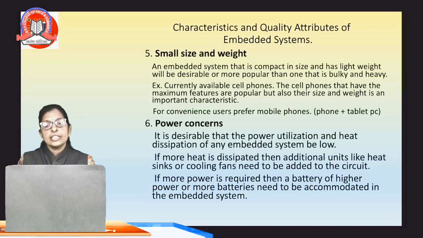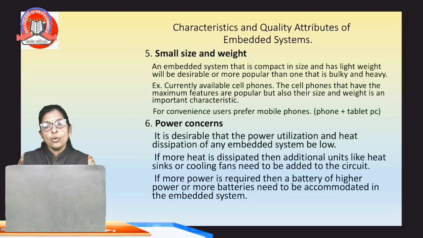Now the next characteristic is power consumption. This is a very important characteristic in our system, which concerns power. It is desirable that the power utilization and heat dissipation of any embedded system be low.